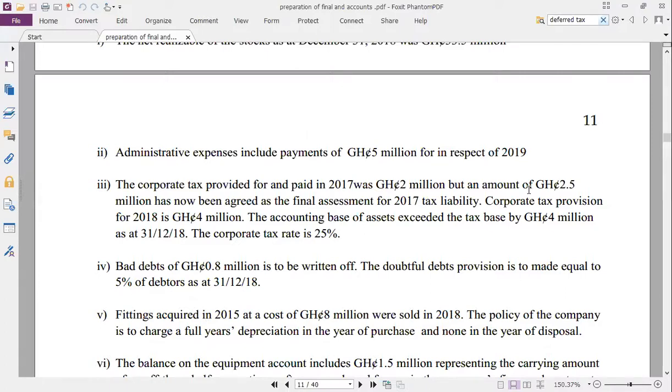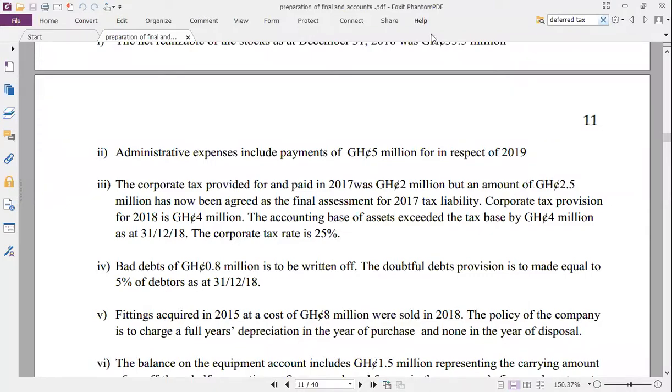So these two figures, one will be the tax provided and one the tax agreed, and all of them bear 2017, the previous year. It will lead to under or over tax provision.